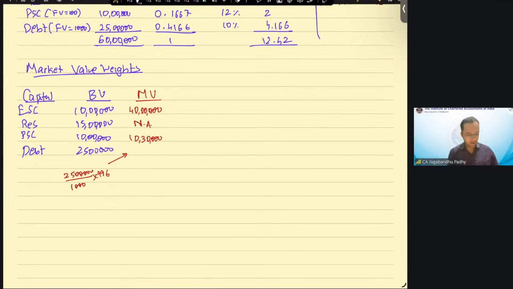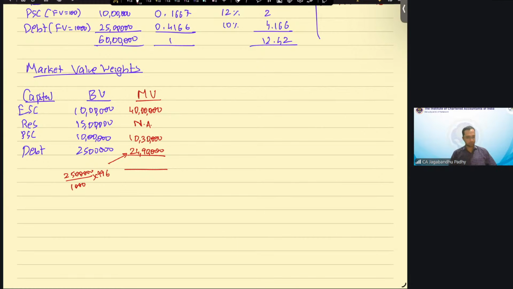So we will get the market value of the debentures, which is 24 lakh 90,000.